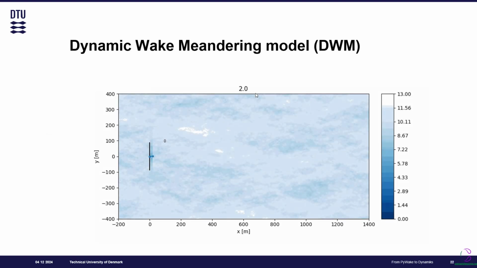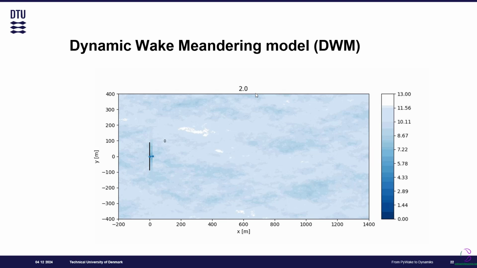Next, you can see this drawing here, which shows us the white patches. It may look very insignificant, but those white patches are showing areas where you have 13 meters per second, which is much higher than the 10 meters per second we saw earlier from PyWake. So this is a dynamic wake meandering model.